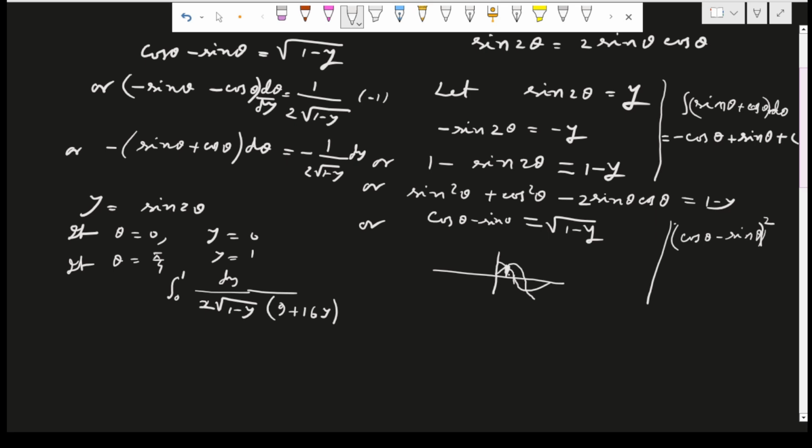Now to integrate this, it is of the form integral dx by (x plus b) root over (px plus q).